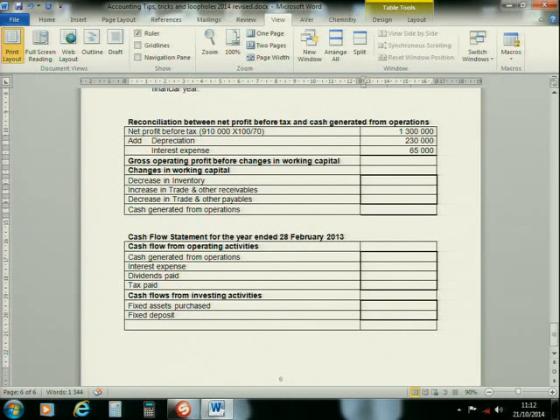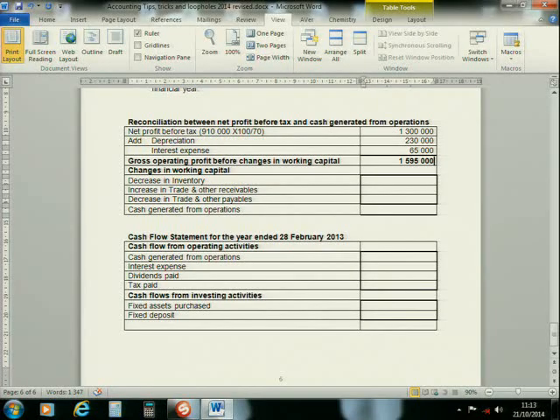So you add the 295,000, that will give you 1.595 million.